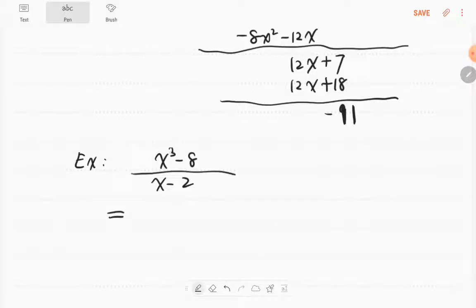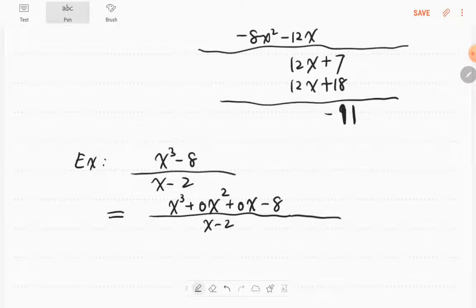Remember, x to the third is the highest degree. So we will rewrite the polynomial as x to the 3. Then the second term should be x to the 2, right? But we do not have this term, so we will add 0 times x squared. We also need to have the x term, so this is another missing term. That will be 0x.